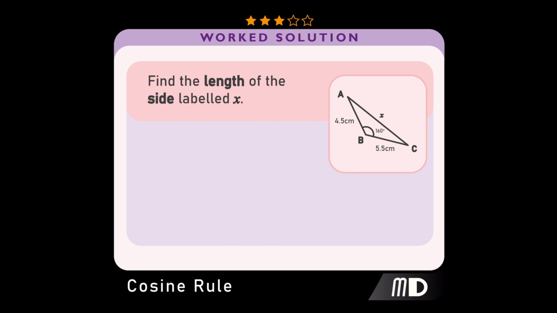Answering this question using the cosine rule is a four-step process. First, we label the sides of the triangle with the letters A, B, and C. Then, using the cosine rule, we substitute the values of the sides and angles given to us into the formula.